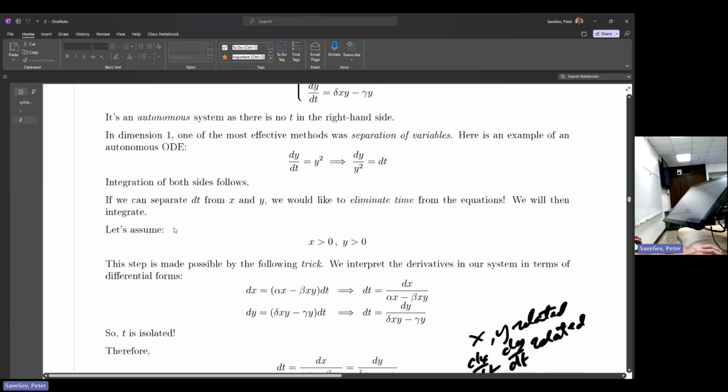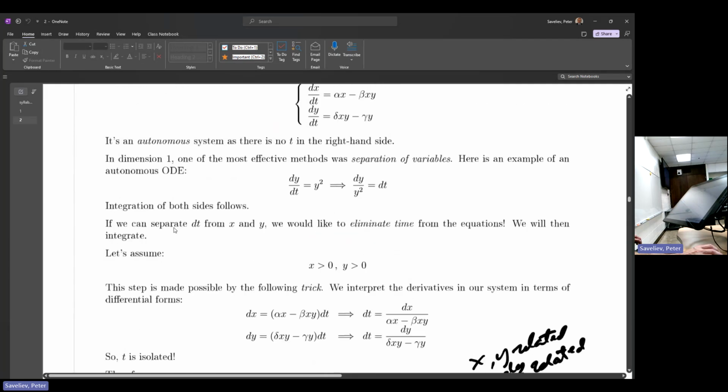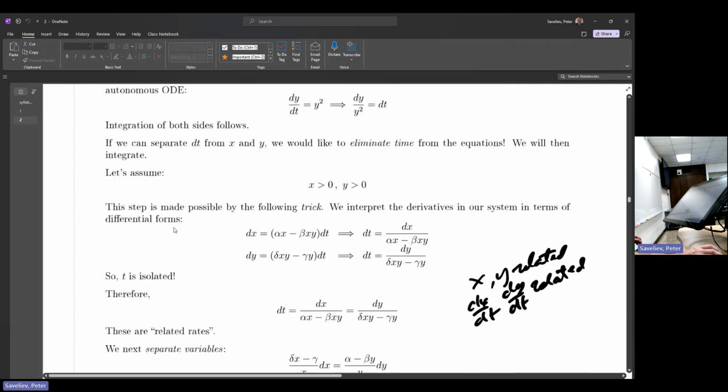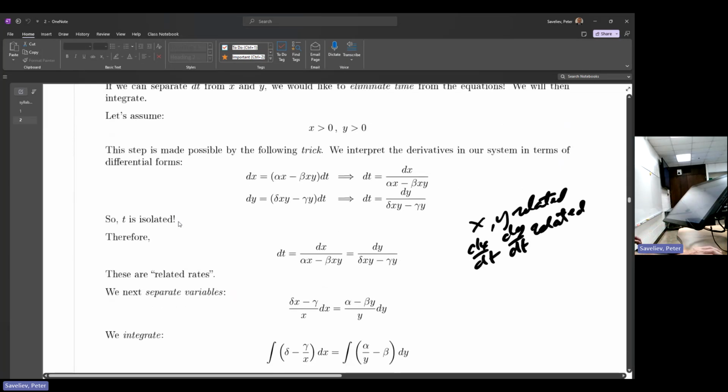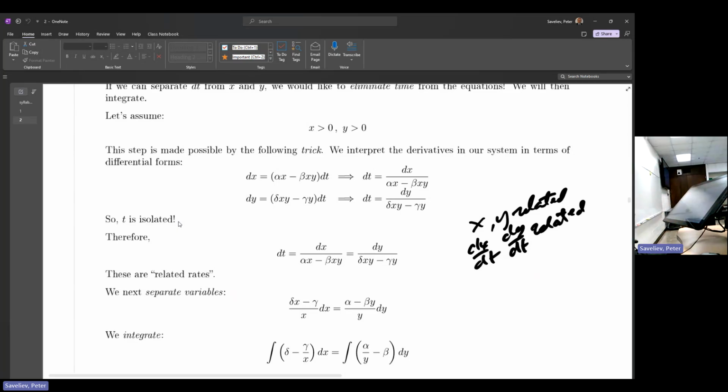Then solving for dt, we have two equations, and you eliminate dt, ending up with a single equation at the bottom with no t. Then we speak of differentials with respect to x and y, equal to each other, and now we're in exactly the same place as before with separation of variables. Now we integrate.